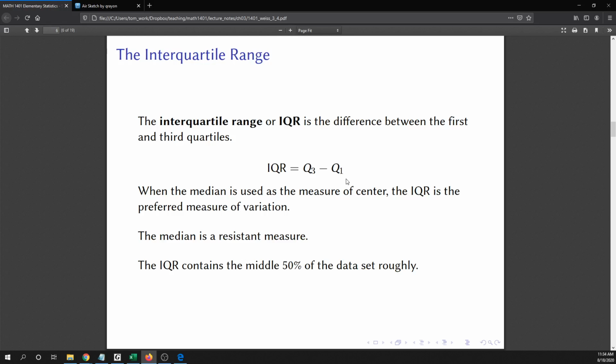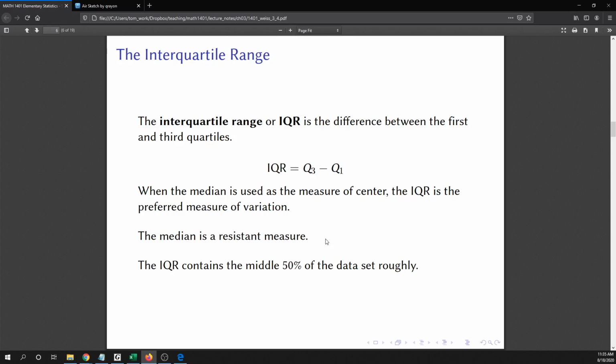A lot of times when the median is used as the measure of center, then the IQR is given as the measure of variation. So you'll see sometimes in studies they'll give the mean and standard deviation, or they'll give the median and the IQR.